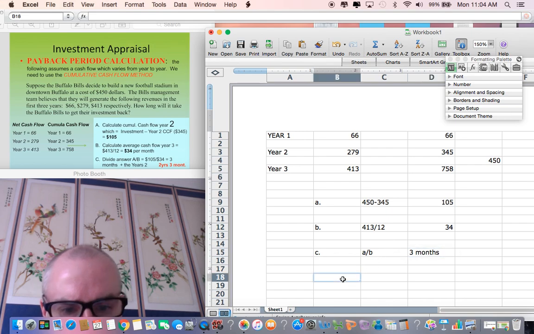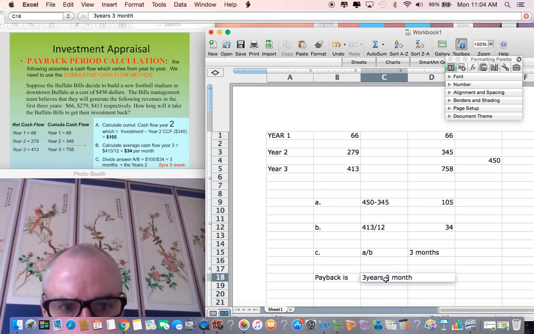So the payback is, just as it says, 2 years, and in that year 3, it's going to take 3 months. So payback is 3 years, 3 months.